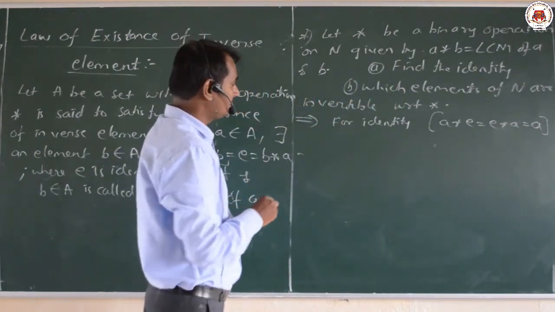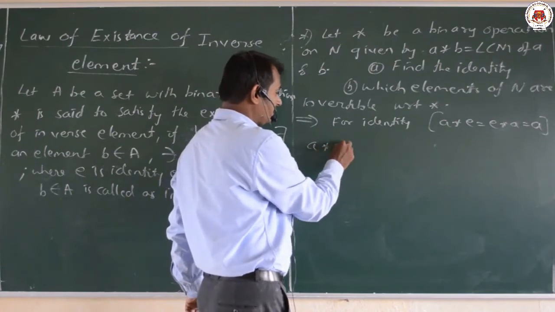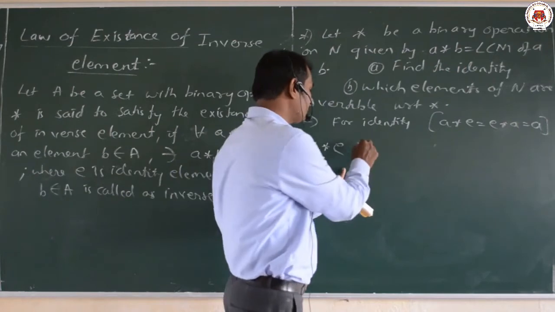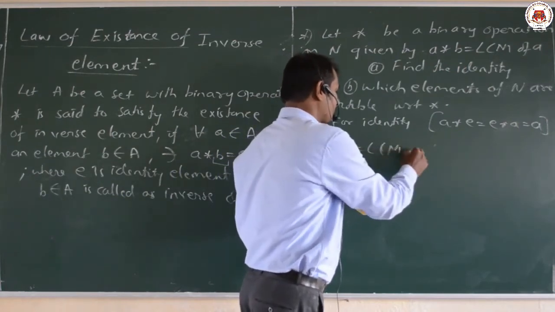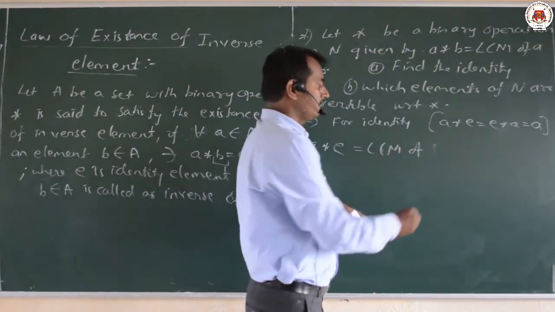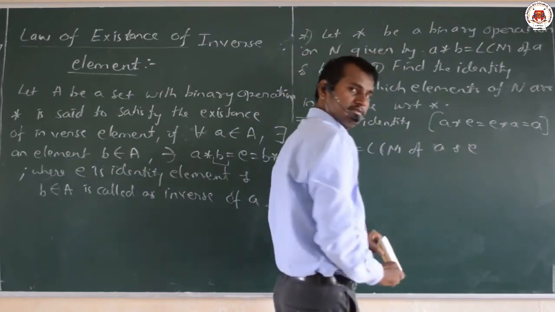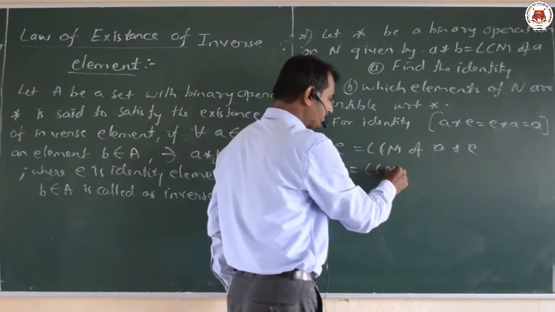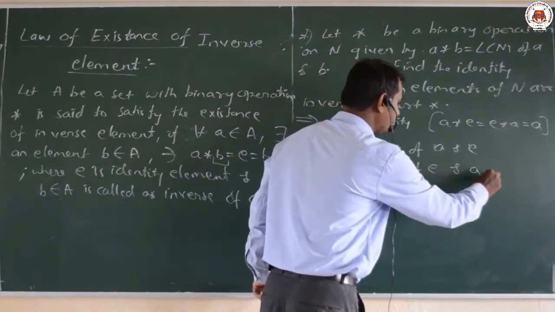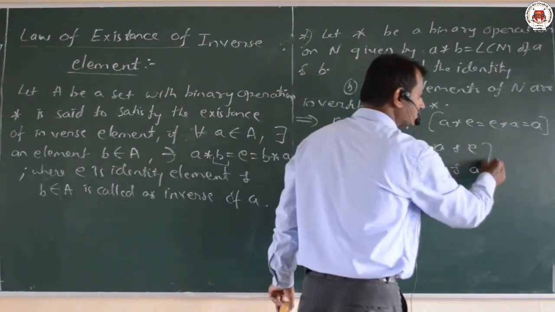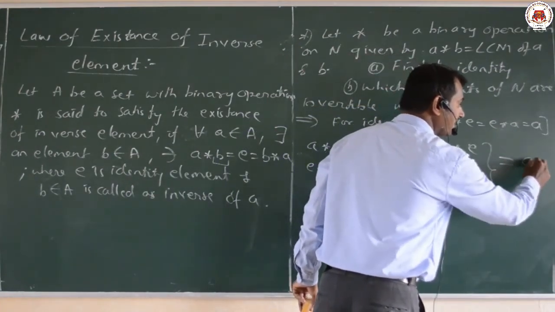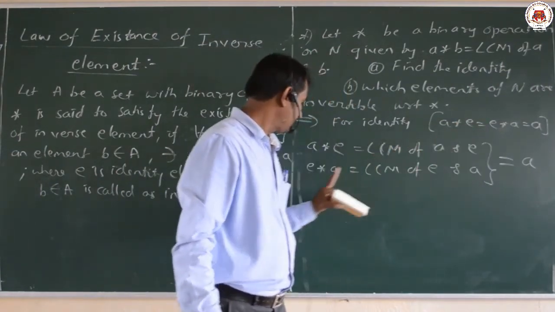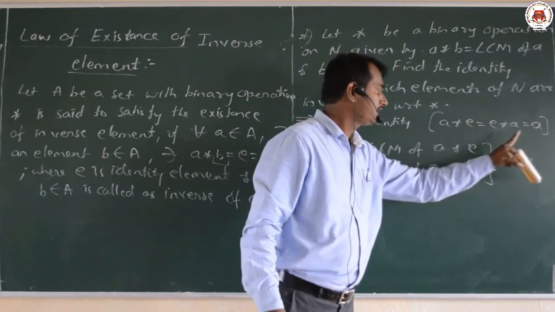Now a star e, instead of b I am taking e here, which is equal to LCM of a and e, and again e star a equal to LCM of e and a, and these values should be a. A star e equal to e star a equal to a.